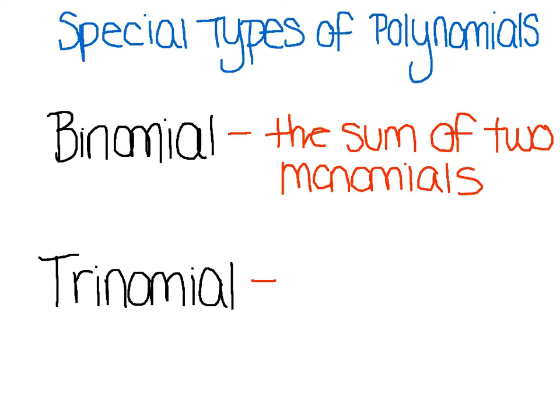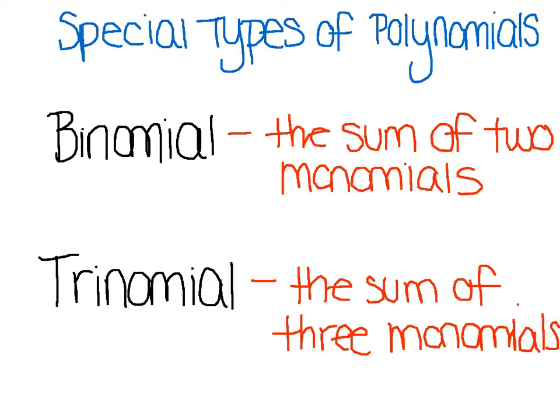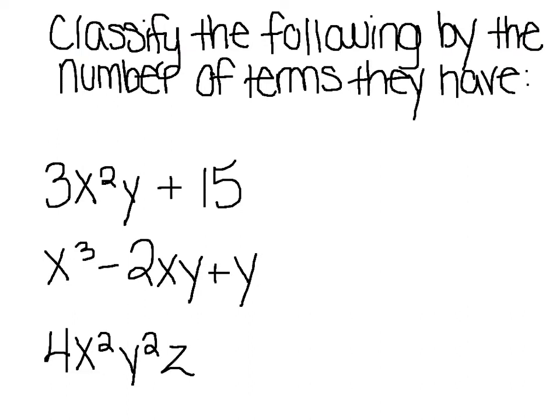Hopefully you see tri and you think 3. It's exactly what it is. It's the sum of 3 monomials. So remember, monomial refers to 1, binomial refers to 2, trinomial refers to 3 terms.